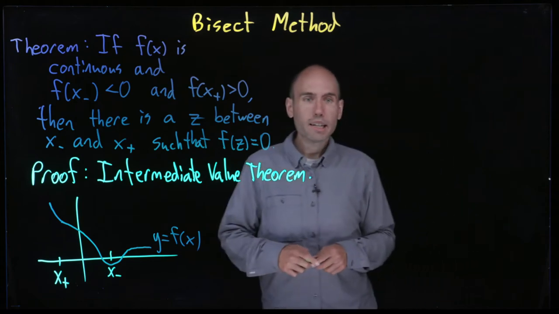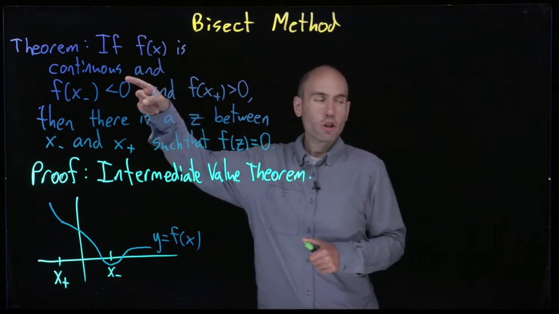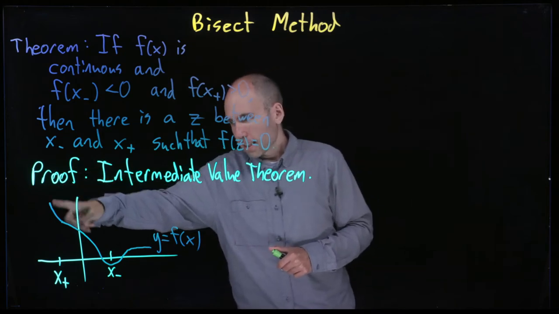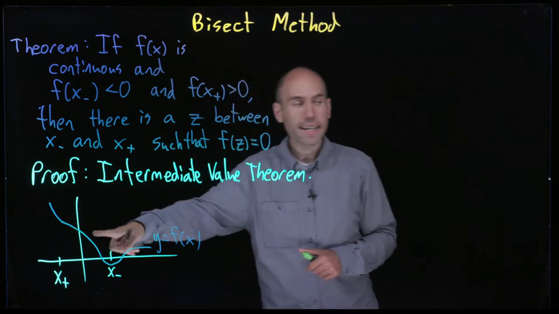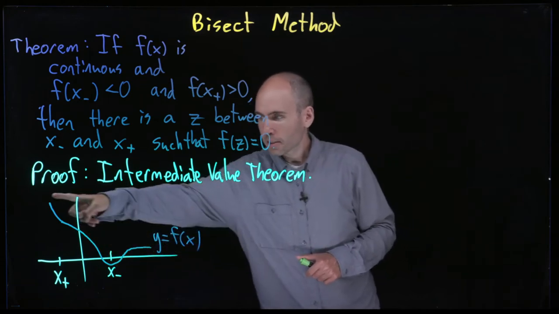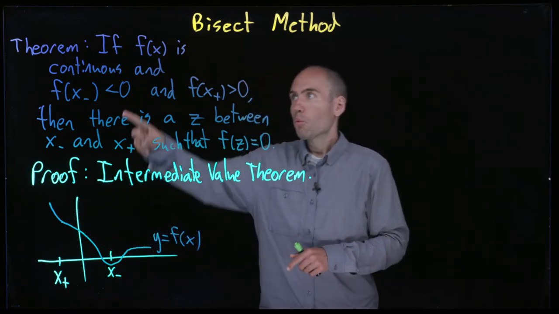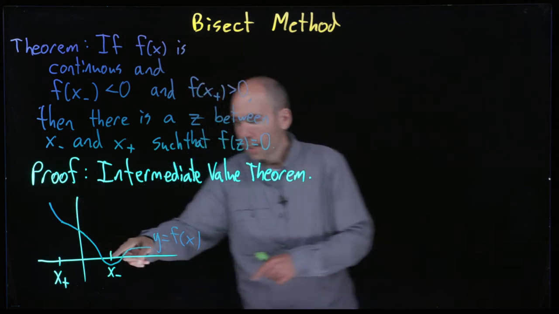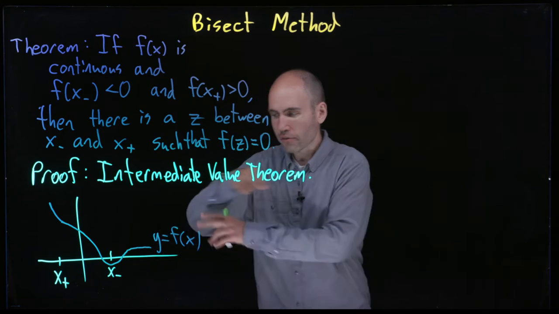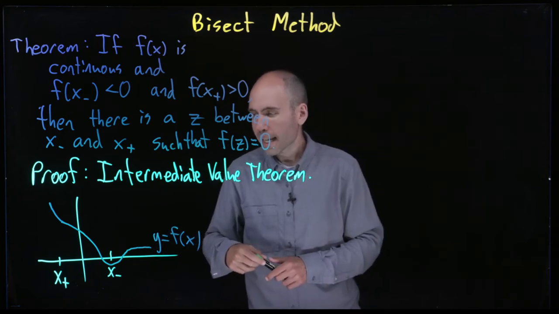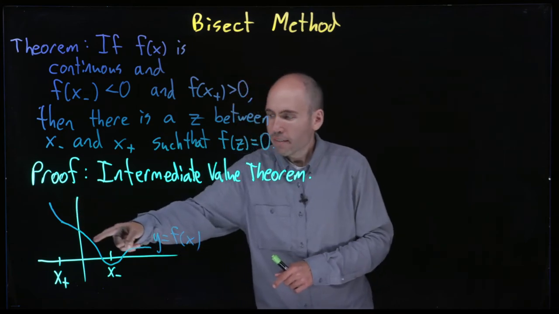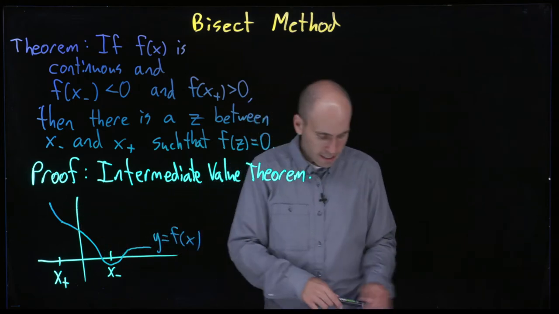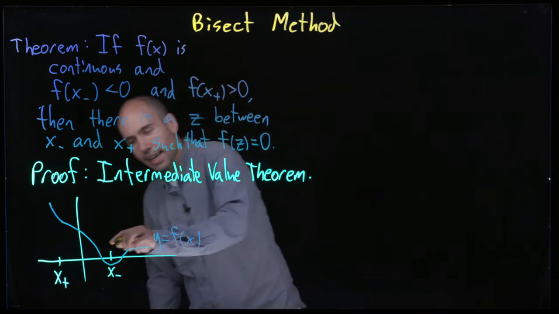And what does continuous mean? Well, it's difficult to define precisely, but intuitively it's not difficult. This function is continuous because there aren't any jumps or breaks in the graph. And why is this theorem true? It's saying if I start above the x-axis and end below the x-axis, or vice versa, and I'm not allowed to have any jumps in the graph, then at some point it exactly crosses the x-axis.